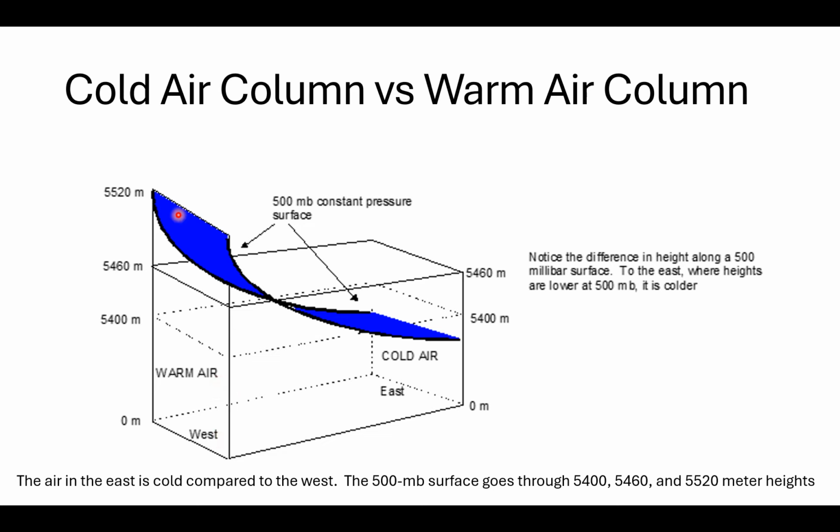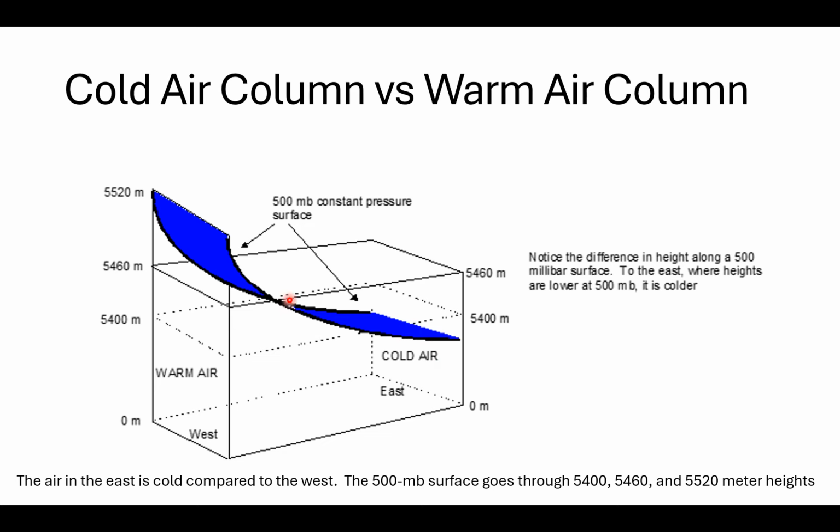And notice this blue slice here. This represents your 500 millibar constant pressure surface. Notice how this constant pressure surface slopes downward into colder air. So your 500 millibar constant pressure surface is going to be lower in the colder air.